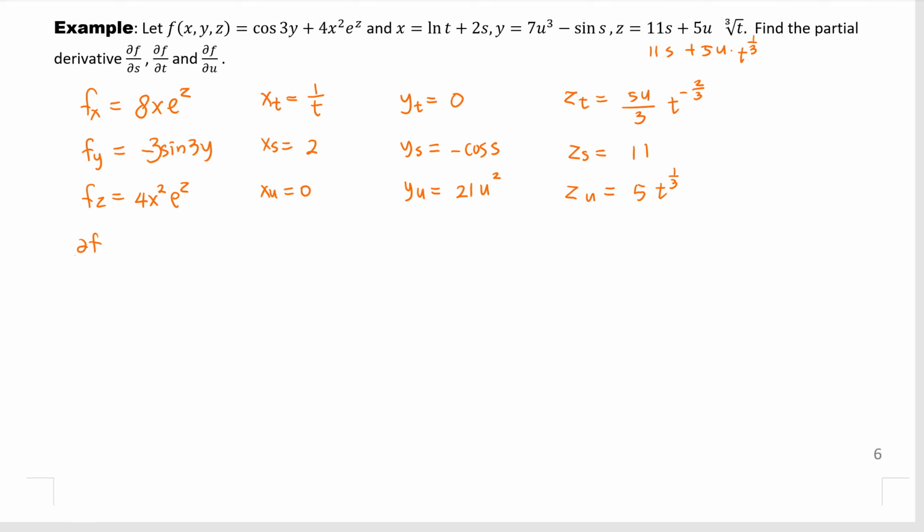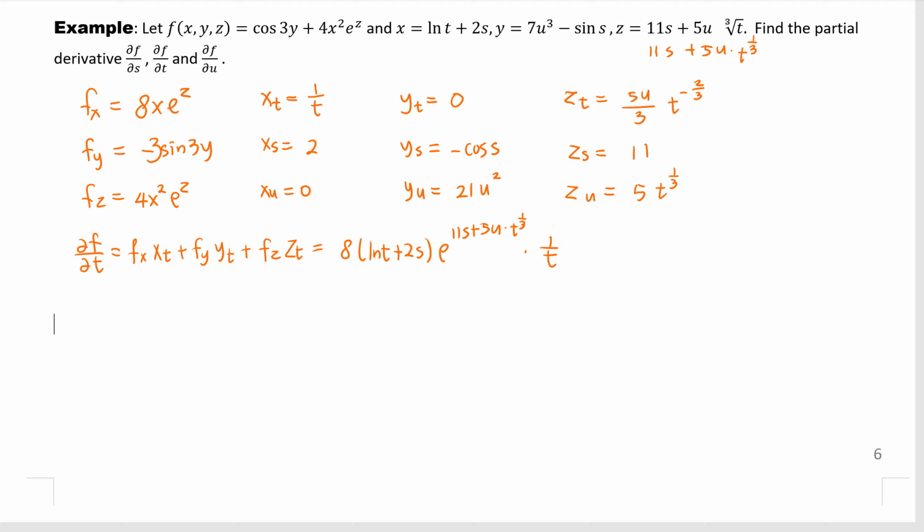So partial f partial t, what is that? It's fx xt, fy yt, fz zt. fx is 8x, where x is ln of t plus 2s, times e to the z, where z is 11s plus 5u times t to the 1/3. xt is 1 over t.